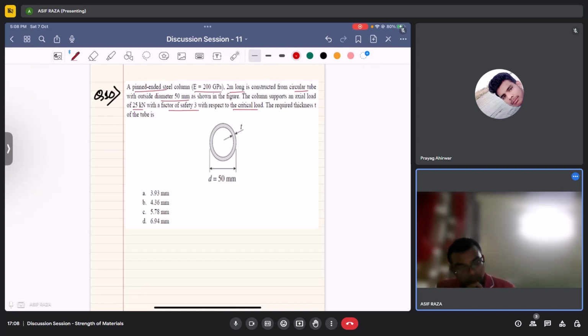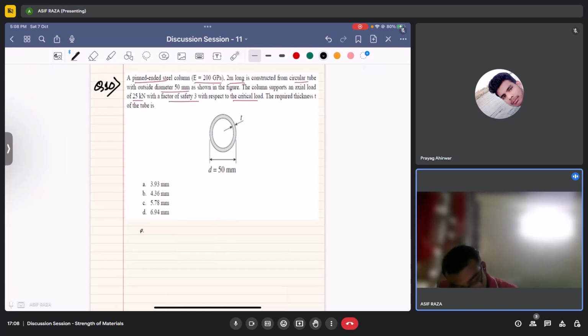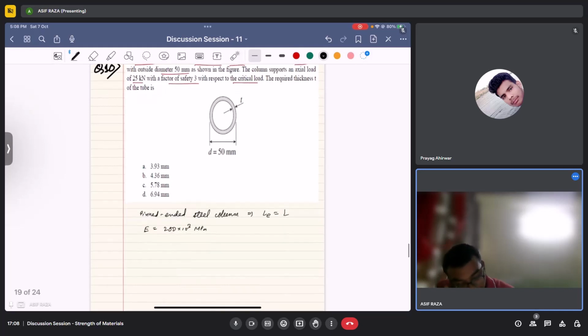Let's write down first what all things have been provided. It's a pin-ended steel column. That implies that my effective length would be equal to the actual length. Given Young's modulus is 200 gigapascal, so I'll write it as 200 into 10 power 3 megapascal. Length is 2 meter, so 2000 mm.